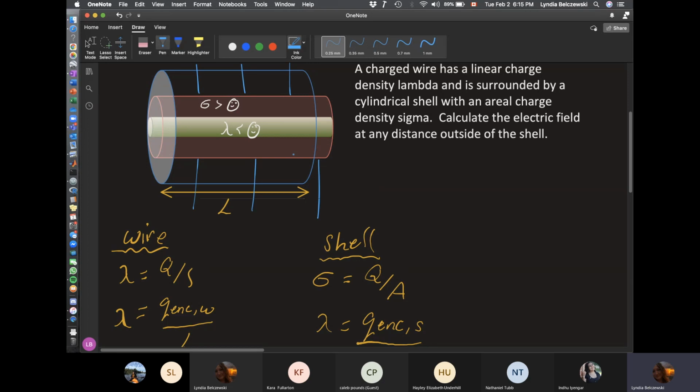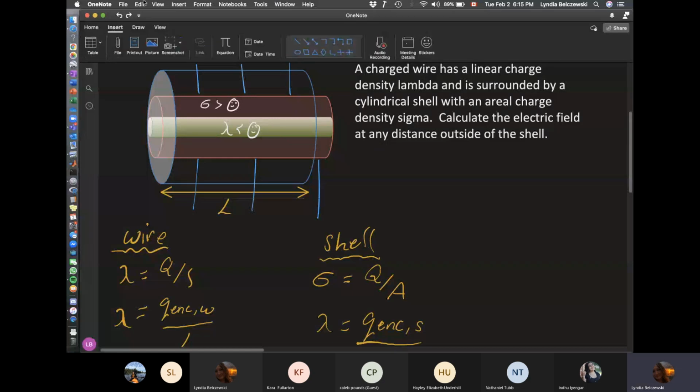And so the area of the Gaussian surface that they're coming in contact with is the part of the Gaussian cylinder, that imaginary cylinder we've created, that goes around the shell. So we're not going to include these areas on the end here because there's no electric field going through that. So it'll be the area that's actually going around the shell.